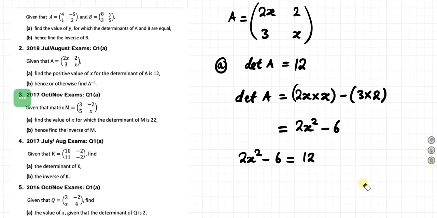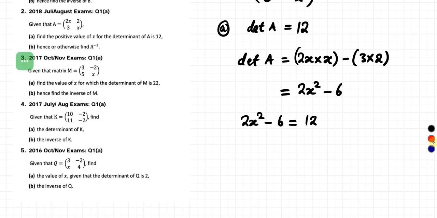So when you check, this becomes a quadratic equation. If you want, you can collect like terms or bring this one here, so that you have 2x squared minus 6, then this one becomes negative 12, then equals 0.